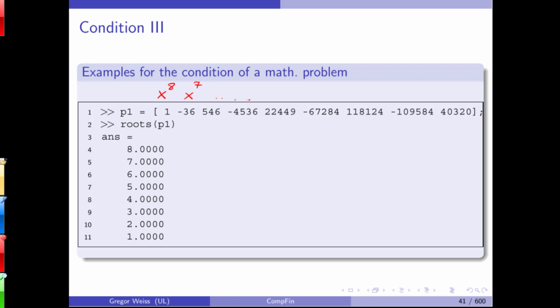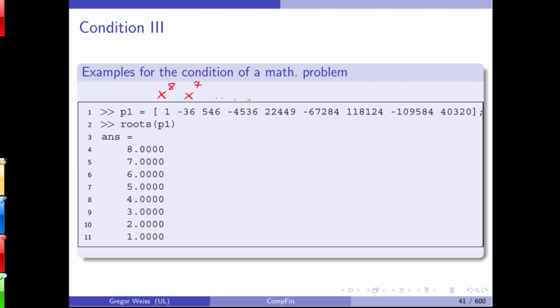This is a little bit confusing because one would think that you start with 5 plus x minus 7 times x squared and so on. In MATLAB, it's the other way around. So you have to count the number of entries in this vector to know that this is a polynomial with x to the 8th as the highest order.